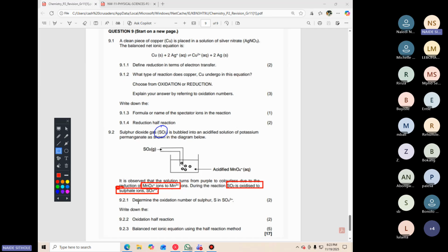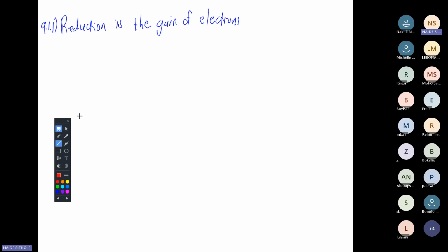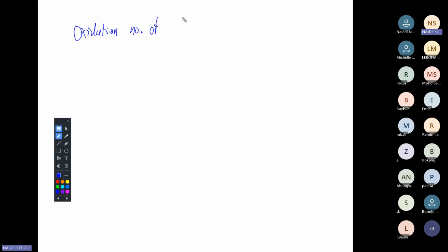Now they say 9.2.1, determine the oxidation number of sulfur in SO4 2 minus. Now pay attention to this. They want the oxidation number of sulfur in SO4 2 minus. When you look at all of this, the 2 minus here is not for the oxygen.